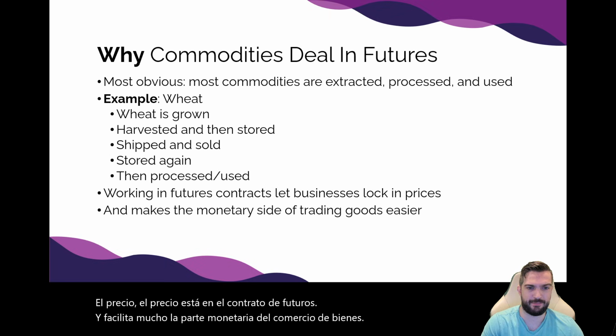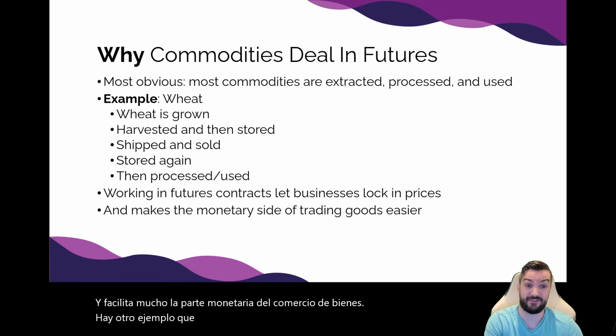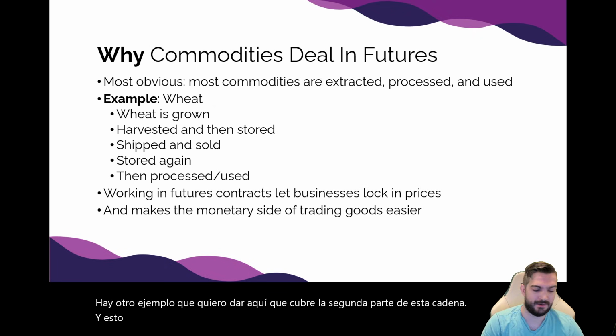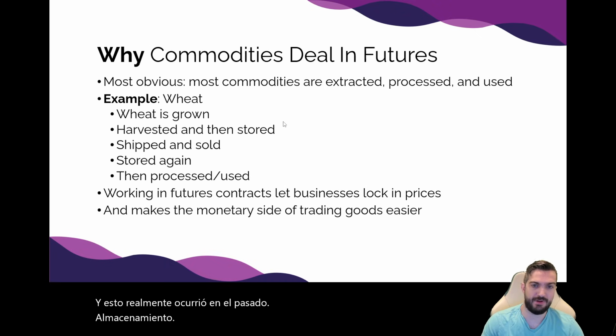There's one other example that I want to give here that covers the second part of this chain. And this actually happened in the past. Storage. Wheat is grown and then stored. It is sold and then stored before it is used.